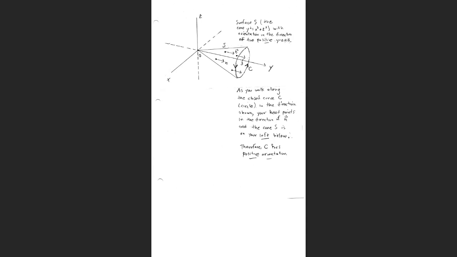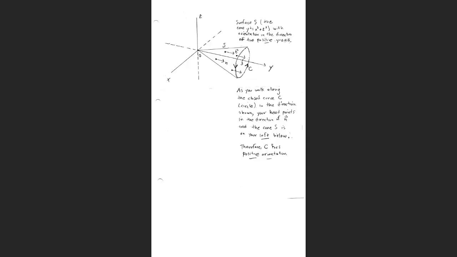So the surface S is the cone surface, and it stops at y equals 3. If you think of y equals 3, that vertical plane cutting through the cone, the cut is going to be right here.